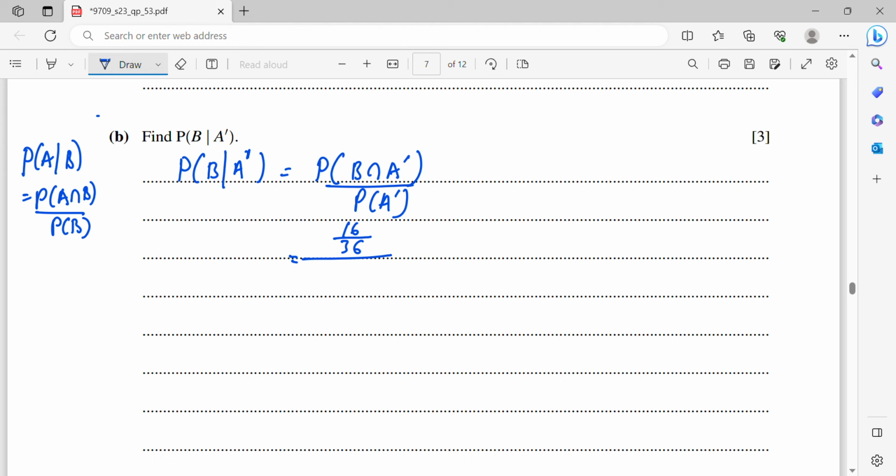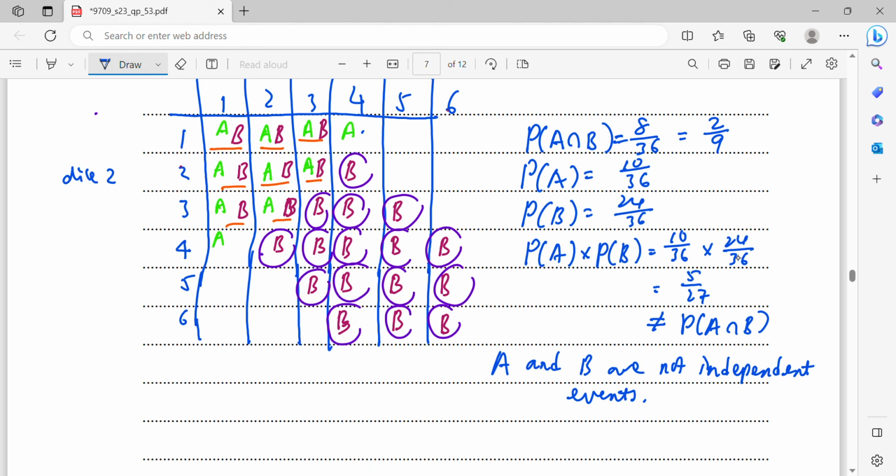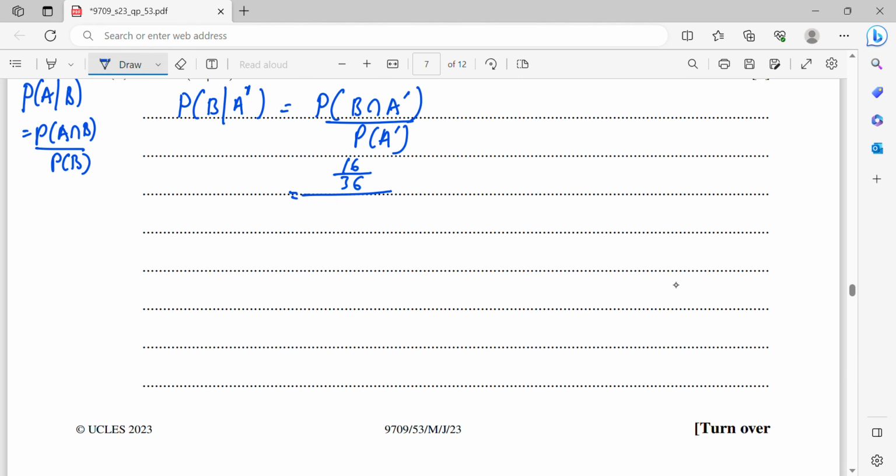Now, P(A') is basically 1 minus P(A). Alright, so look at here. Your P(A) is 10 over 36. So now I will get P(A') is 1 minus P(A). That means 1 minus 10 over 36. I'm getting 26 over 36. So I will write here 26 over 36.